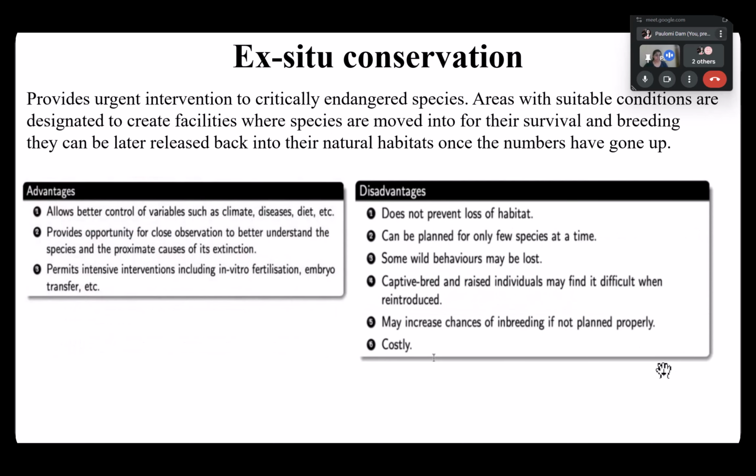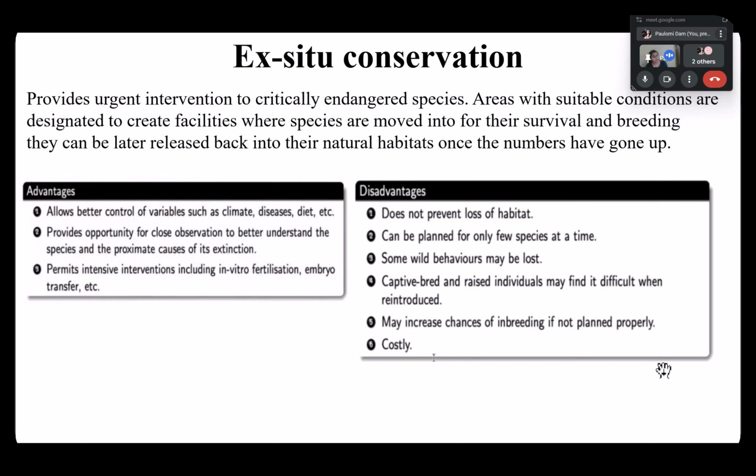Now, because we have discussed in situ, we should also discuss ex situ quickly. Ex situ is basically, you first designate the animal that I want to conserve, but now I don't want to conserve it in its natural environment. I want to take it to, let's say, a zoo, or if it's a plant, to a botanical garden, and create conditions such that these animals or plants survive much better. These are critically endangered ones whose habitat has been highly degraded.